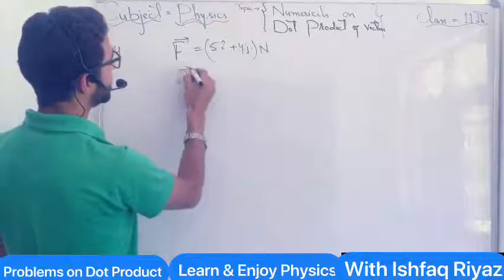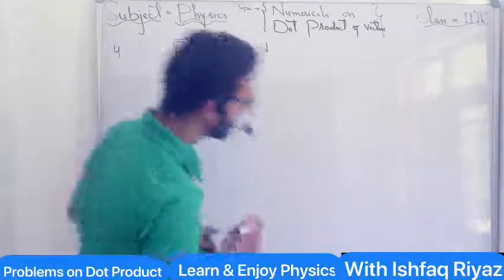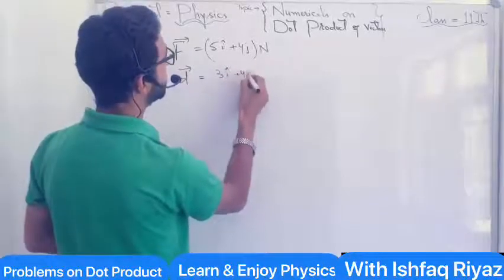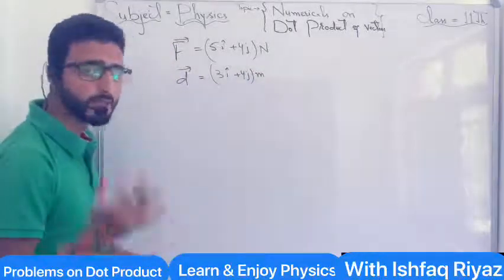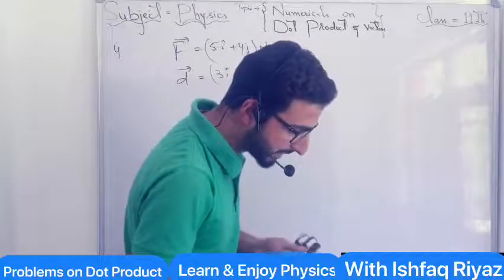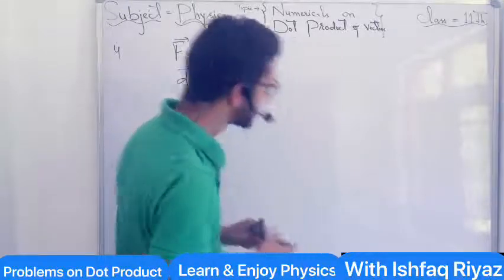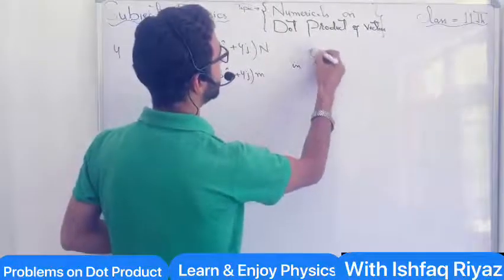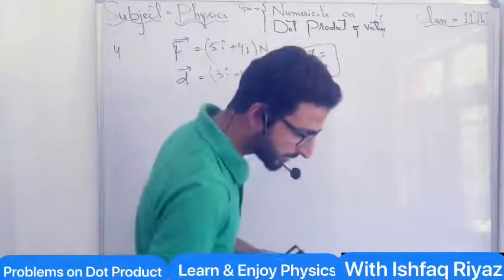Let me write the displacement d here. It is given by 3i plus 4j, where this displacement is given in meters, right? Okay, if a force F 5i plus 4j displaces a body through 3i plus 4j meters in 5 seconds, I mean the time interval here is 5 seconds, right? What do I have to calculate?